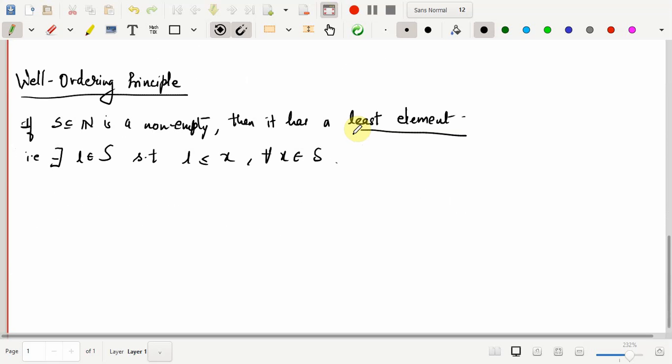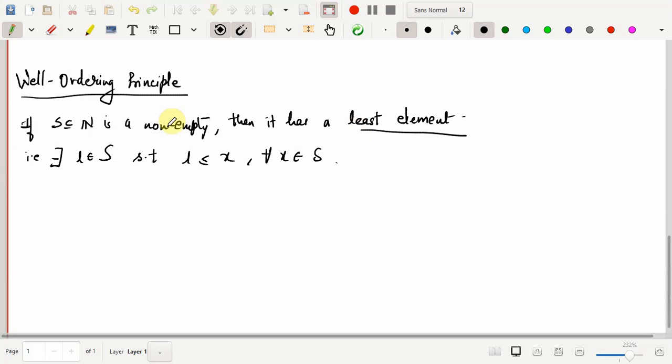So you first take the least element, then you take the element which is greater than this element but the least when you remove the first element, and then again you remove these two elements from the given set and you take the least element, so that element might be greater than these two elements. In this way you can arrange the members of this infinite set of natural numbers in ascending order.